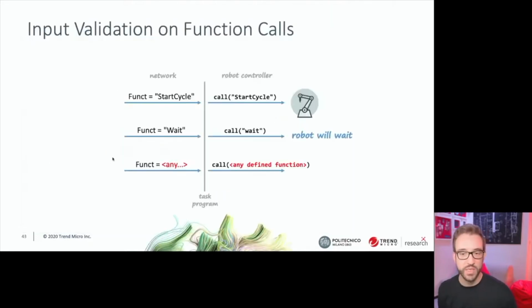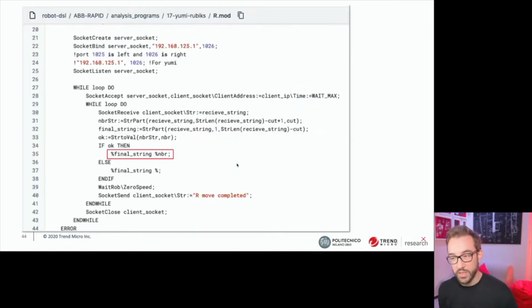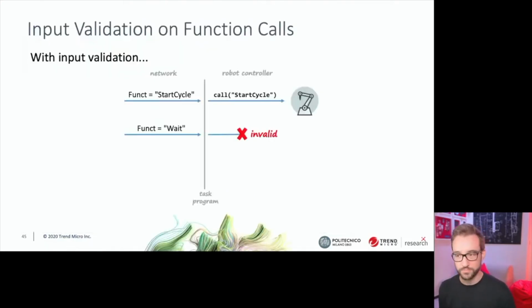So an attacker will be able to send any function name and call that function at runtime, because there are no restrictions. Yes, this is just, quote unquote, an educational program, but if it's used to teach others how to code, then I don't think this is very instructional or security aware educational code. Clearly, there should be a limited set of functions that we allow the robot to run, right?